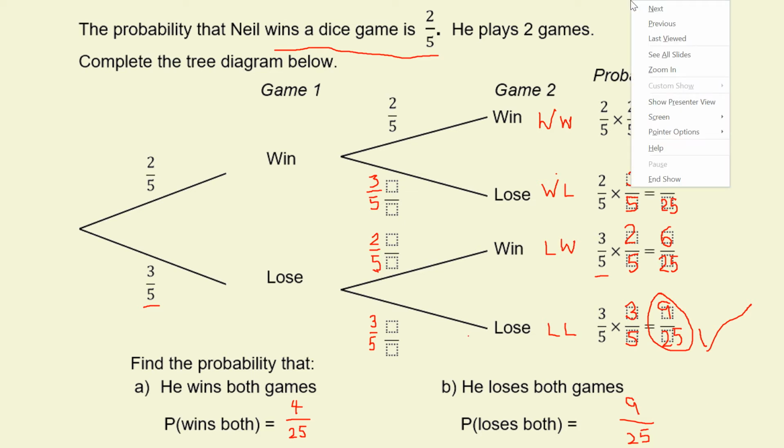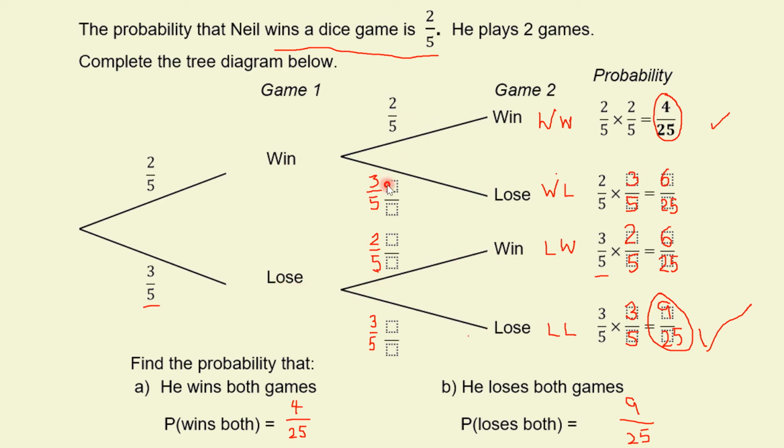So just to go back over how you start the diagram off again. Think about where he starts. He will either win or lose that first game. Write down the probability on the branches of the tree. If that was 2/5, this must be the other part of it, the 3/5. And then after the first game, he's going to win or lose after he already won, and win or lose after he already lost.